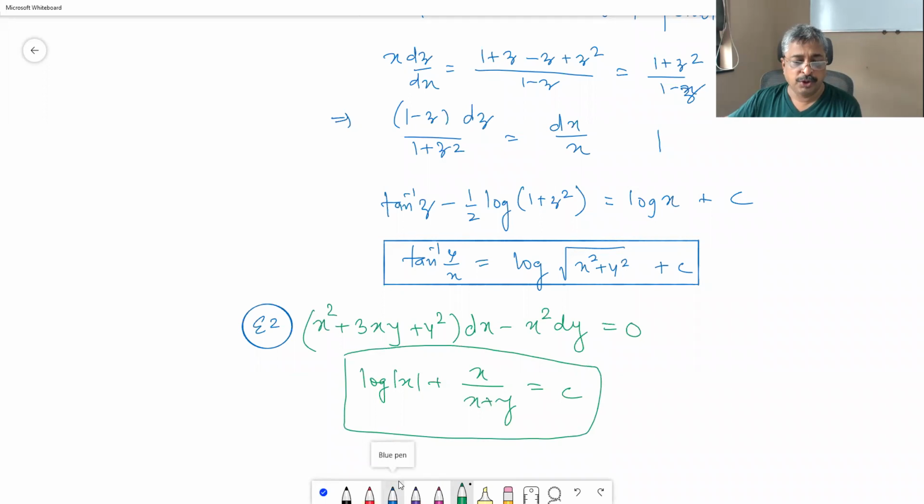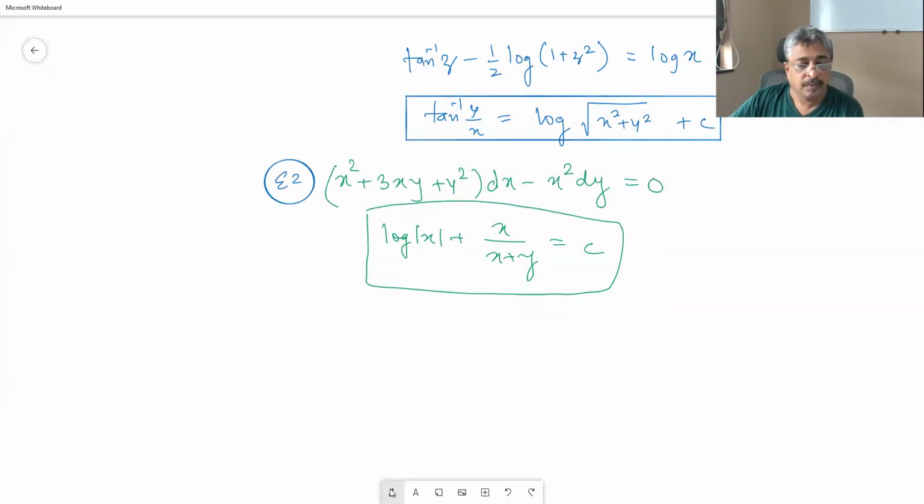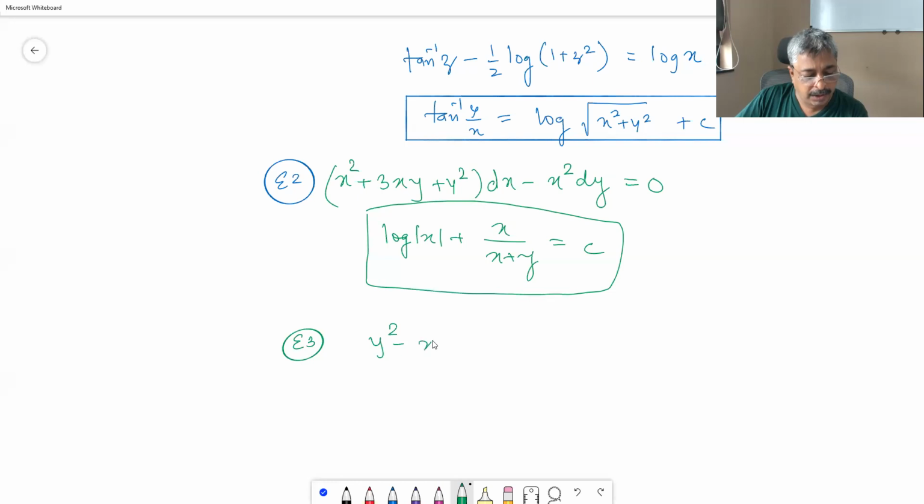One more of homogeneous type: (y square minus x square) dx is equal to xy dy. Get me the answer in the form y by x is equal to.